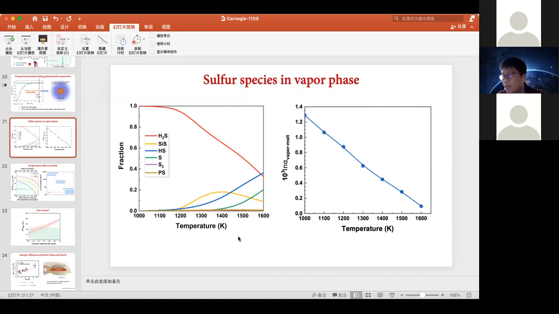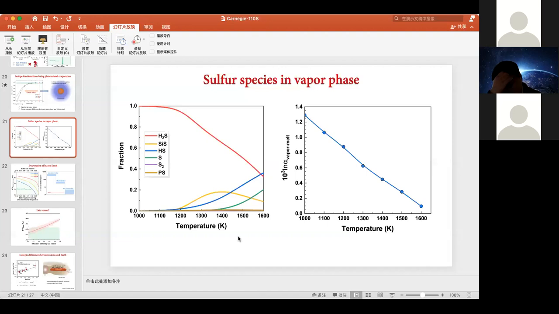It's calculated based on a code called GRAIN. Do you know that? No. This code, I guess it's not open source, and it is based on lots of thermodynamic data for different species.